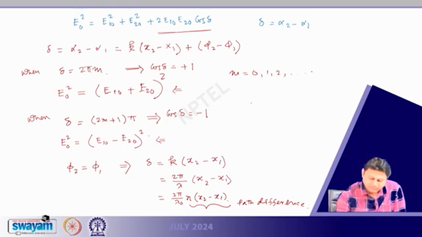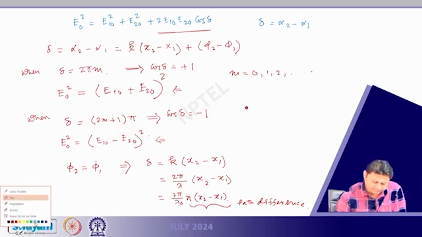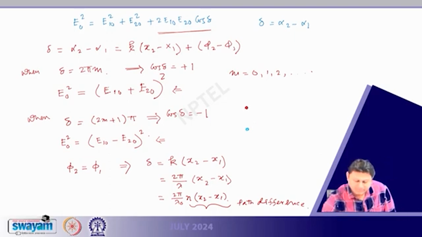Let me try to visualize these things, because we are going to use them. Suppose we have two sources like this, one red and another blue. A wave is emitted from one of them, moves like this and reaches a point, say P here.